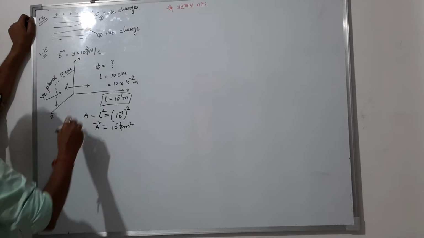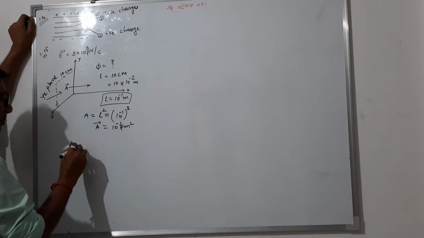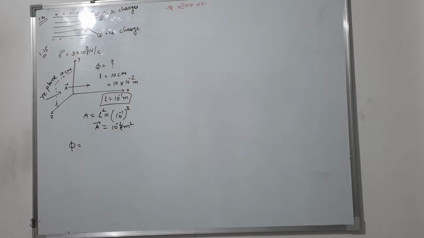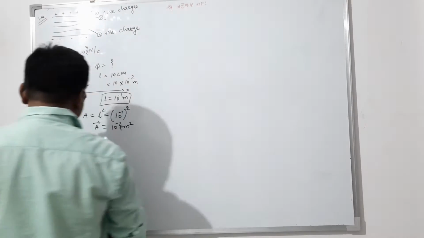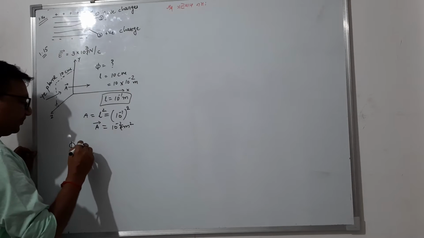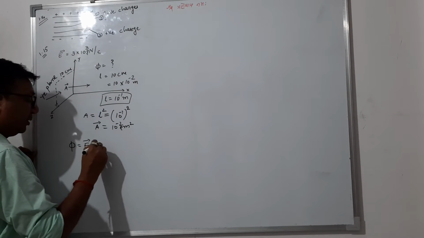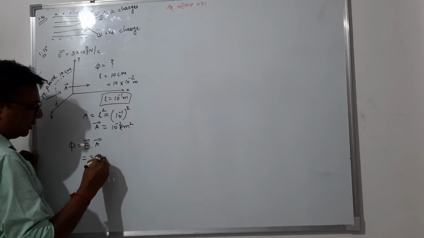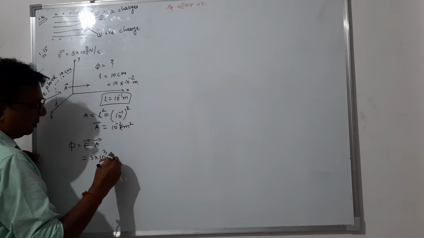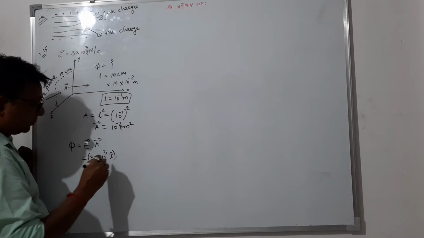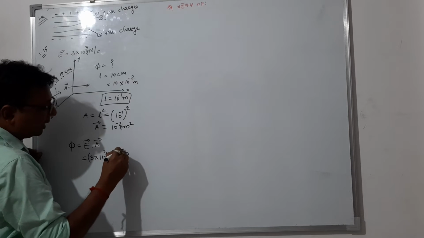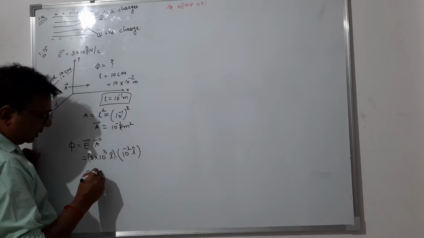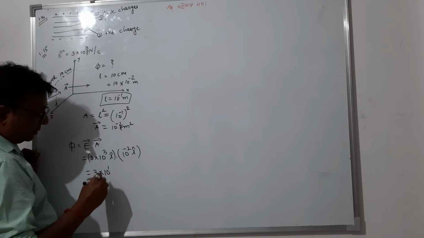So now if you want to find out flux, by using electric field and area, you can write down this formula: E dot A, that means 3 into 10 raised to 3 i dot 10 raised to minus 2 i. i dot i is equal to 1. 3 minus 2 is 1.